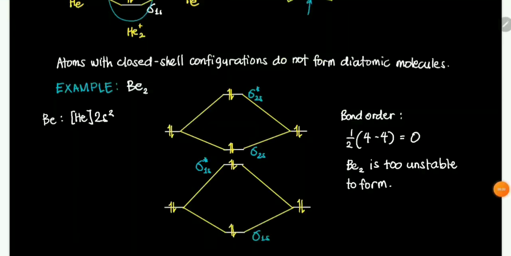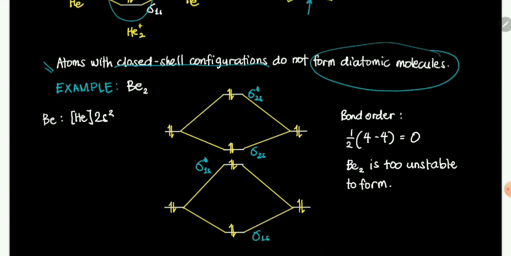Okay, so by observing the behavior of molecular orbitals, we will realize that atoms with closed shell configurations do not form diatomic molecules. So for example, we have beryllium-2. So yung beryllium-2, that's 2s2. Okay, so ibig sabihin meron siyang bonding sa 1s niya and sa 2s orbitals. Okay?